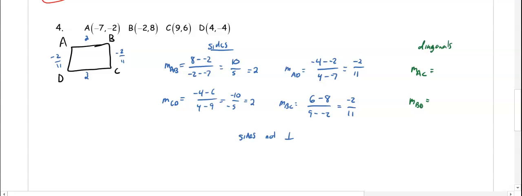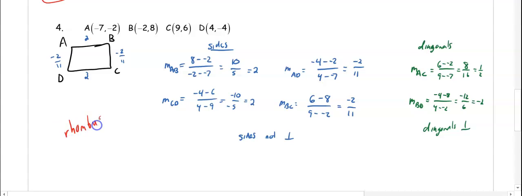To find the slope of AC, we have 6 minus -2 over 9 minus -7, which gets us 8 over 16. That reduces to 1/2. Our slope of BD is -4 minus 8 over 4 minus -2, which gets us -12 over 6. That reduces to -2. This means that the diagonals are perpendicular. So in a shape where the diagonals are perpendicular but the sides are not, this is a rhombus.